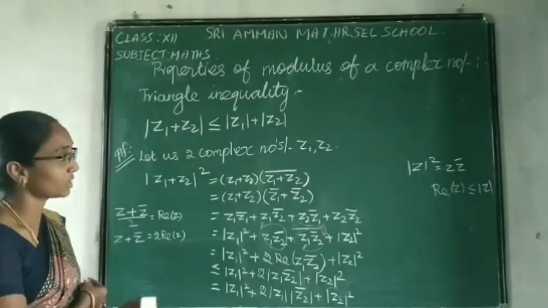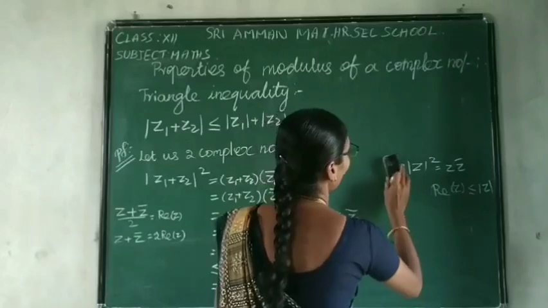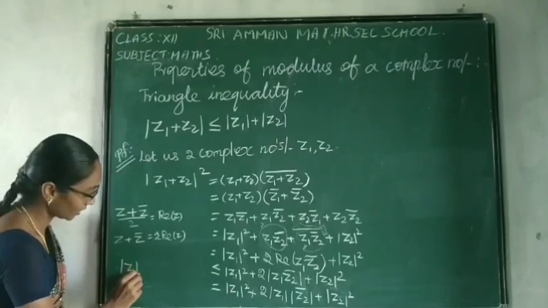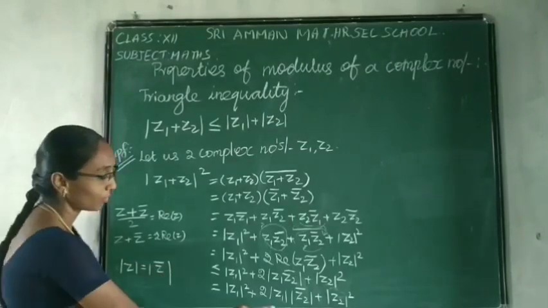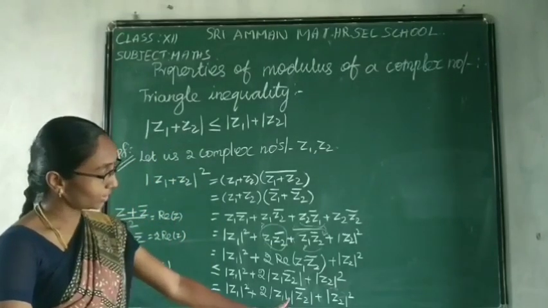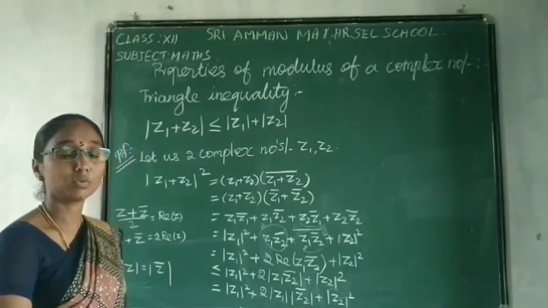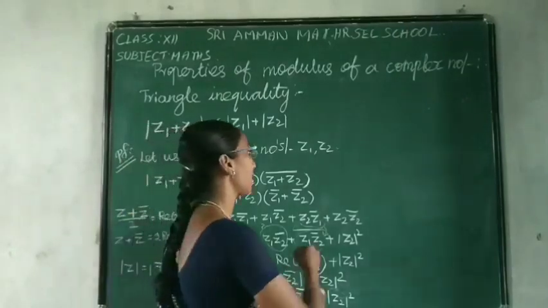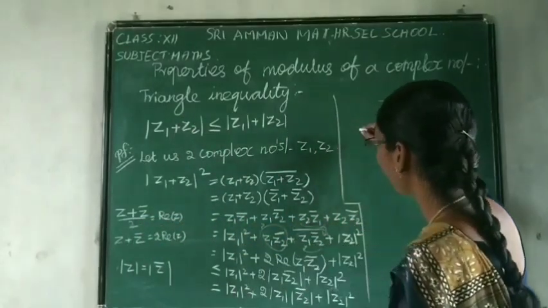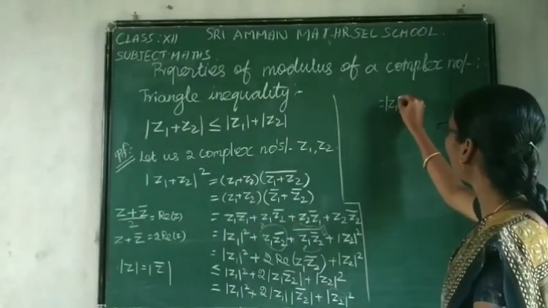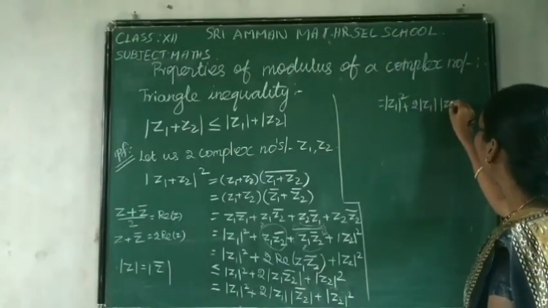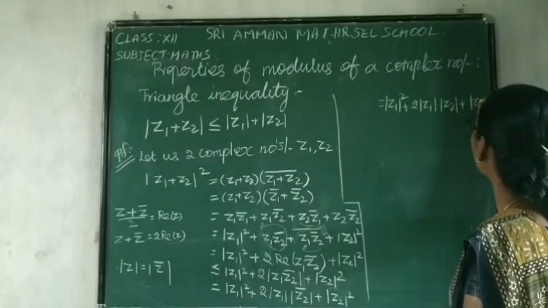Now, which implies modulus of z equal to modulus of z bar, so this one is written as modulus of z1 into modulus of z2. So it equals modulus of z1 square plus 2 modulus of z1 modulus of z2 plus modulus of z2 square.